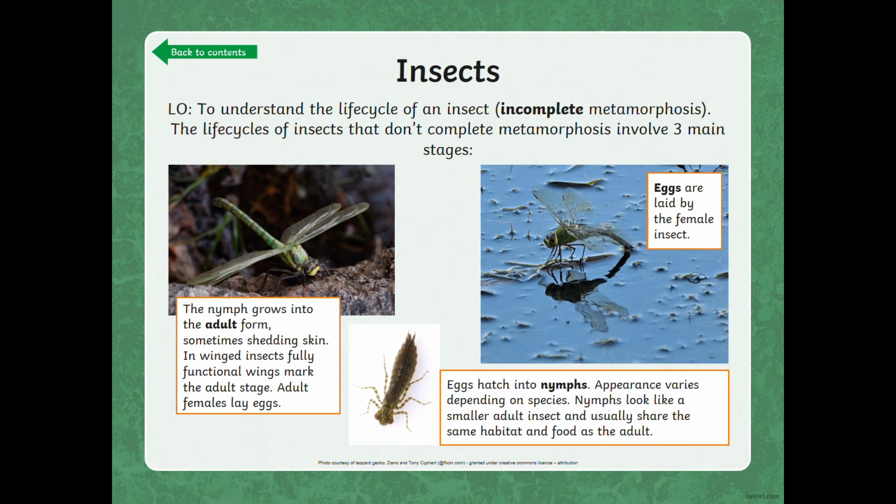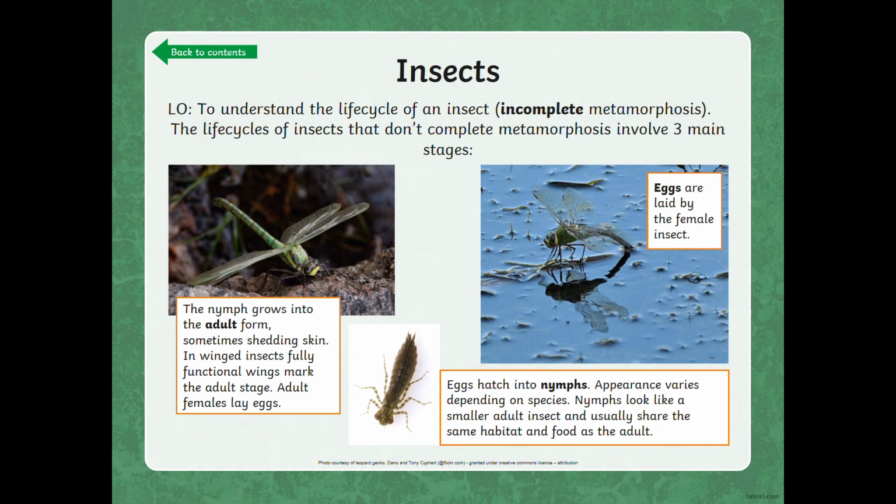And we have insects that go through an incomplete metamorphosis, and they have 3 main stages compared to the 4. We have eggs that are laid by the female insect. The eggs hatch into nymphs. So not larvae this time that completely change, but the eggs that this insect lays hatch into nymphs, and their appearance varies depending on the species.